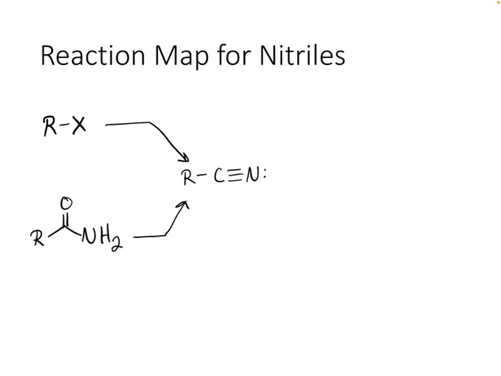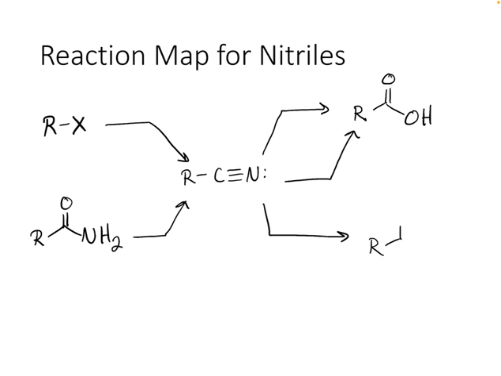Let's see, we can also form a carboxylic acid in two different ways, starting with a nitrile. We also saw that we can form a ketone and a primary amine.